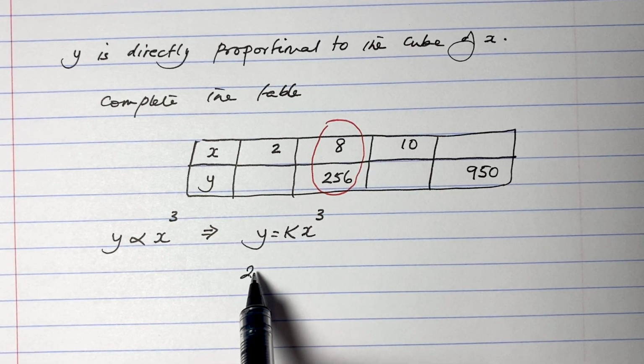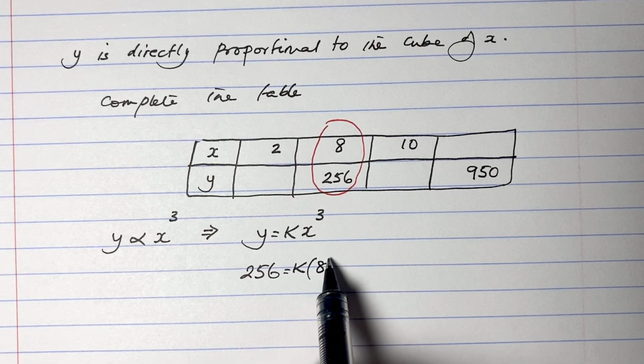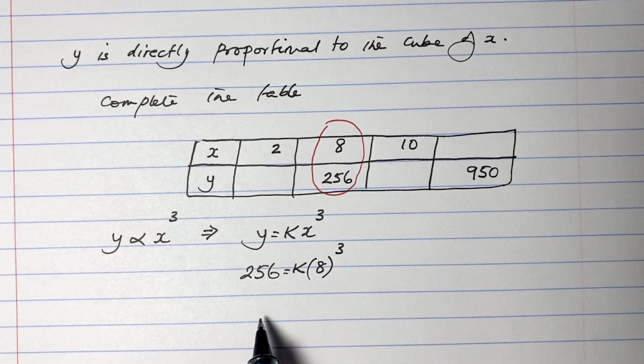Y 256, k, 8 to the power of 3. 8 to the power of 3 is 512.